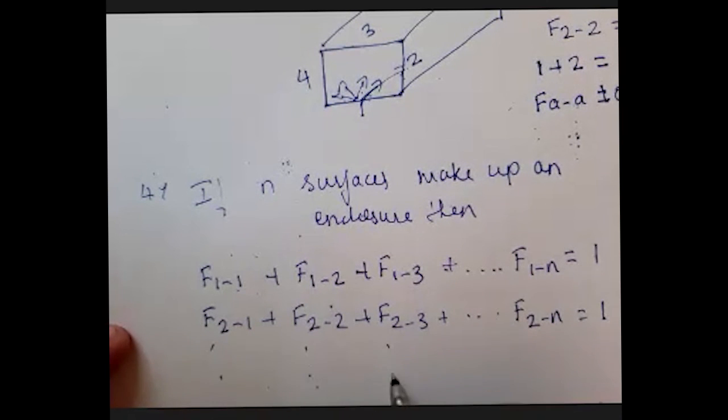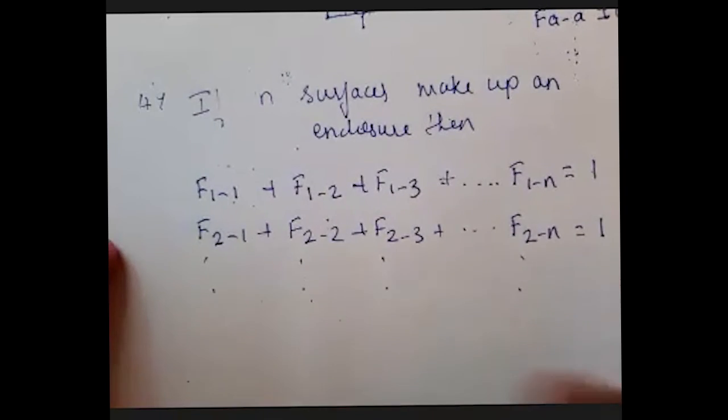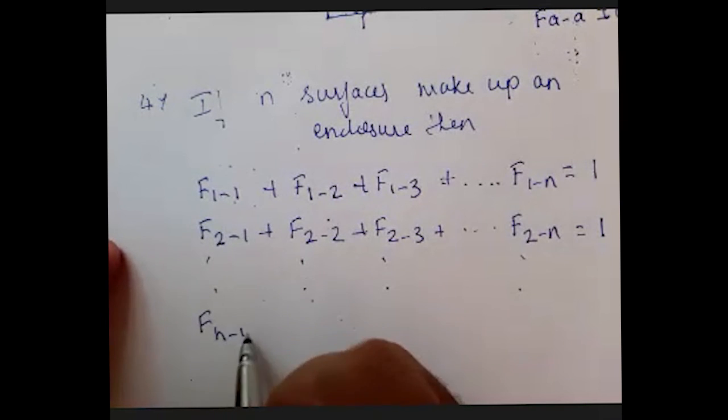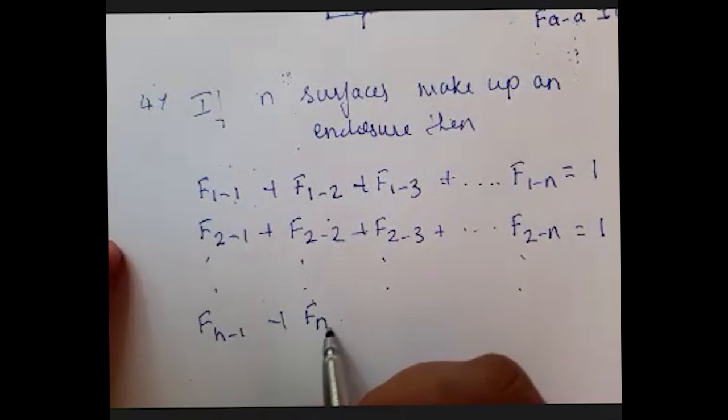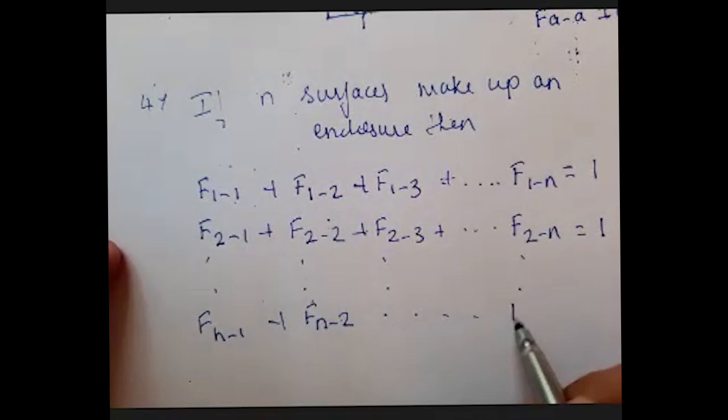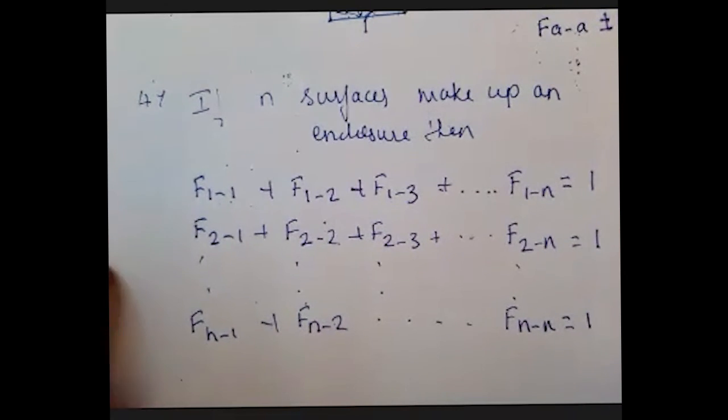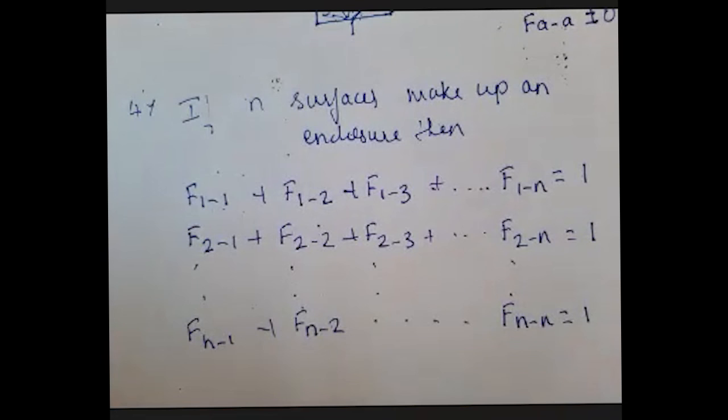If I go down, Fn-1 plus Fn-2, on the same background till Fn-n, if I add all the shape factors, the sum should be equal to 1.